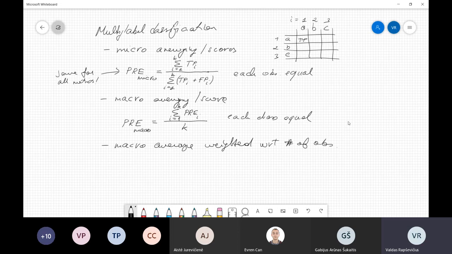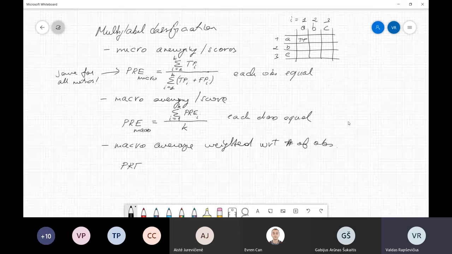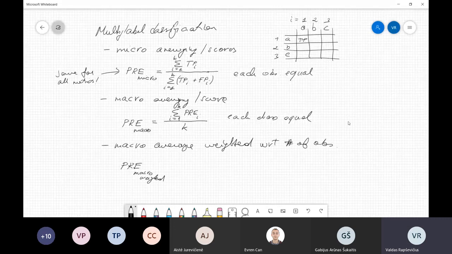You can take the number of observations and multiply by a weight. For instance, precision macro weighted could be shown like this: you have the sum i equals 1 until k of the n of k, the number of observations in a class, divided by the total number of observations, multiplied by the precision from this class. So you are taking into account the number of observations in that specific class.